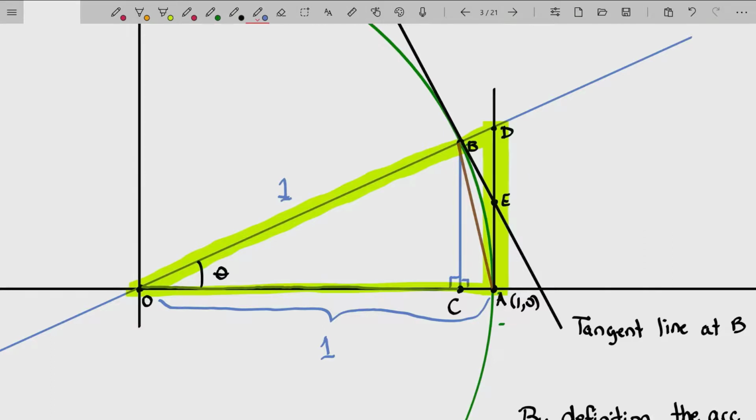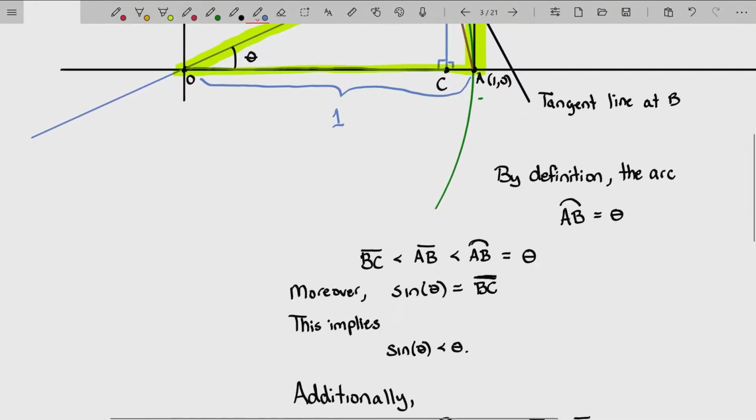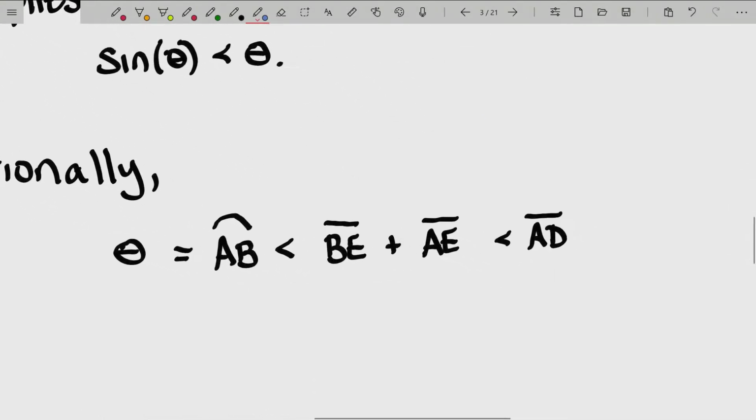So I could say the tangent of theta should equal the distance A to D divided by 1, right? It's opposite over adjacent. So really, that distance AD is just the tangent of theta. And let me scroll down and show you, we actually have that distance AD in this inequality, and now we know that's just going to be the tangent of theta. Thus, theta must be less than the tangent of theta.